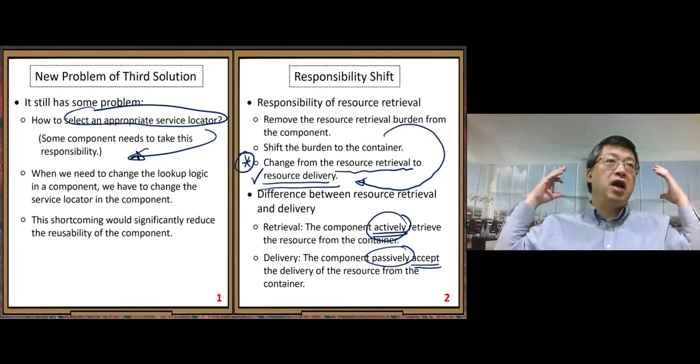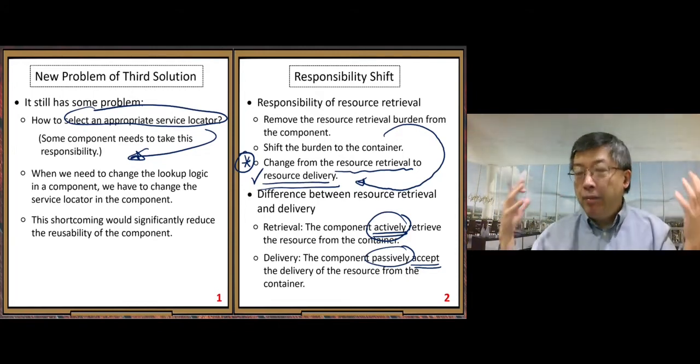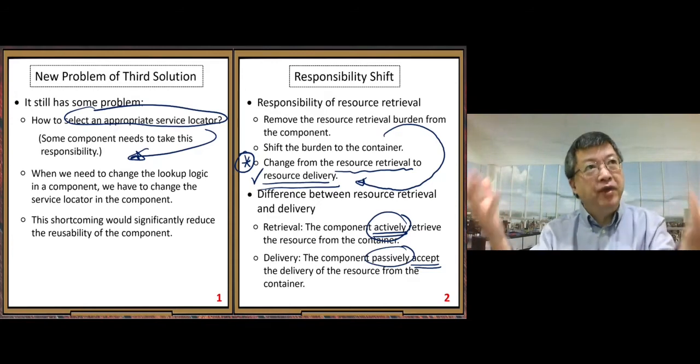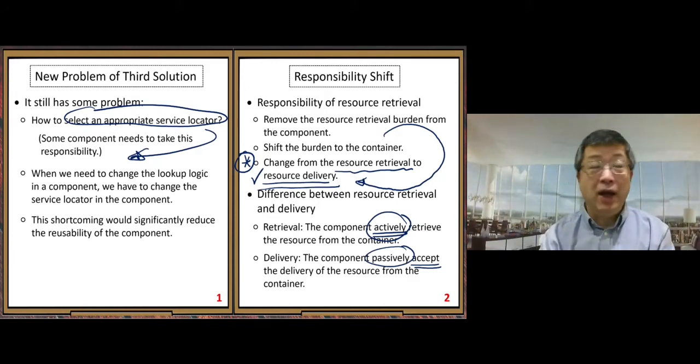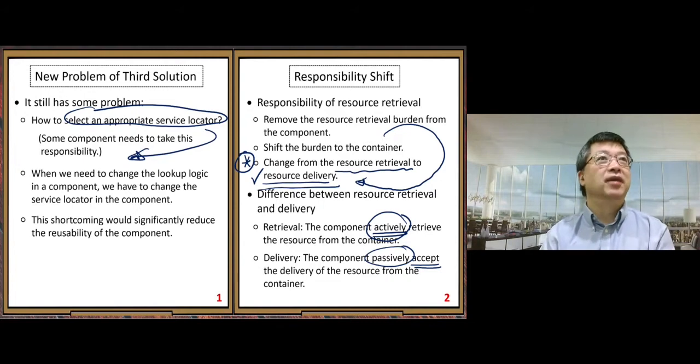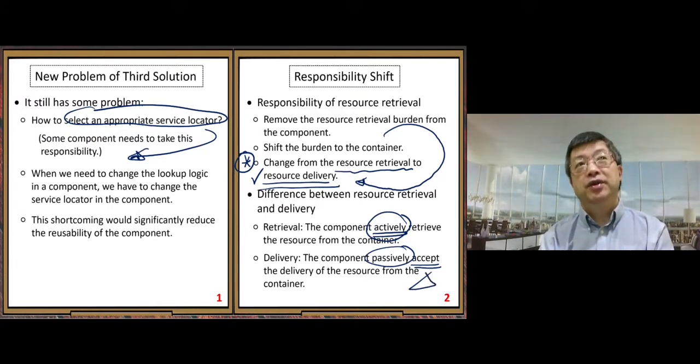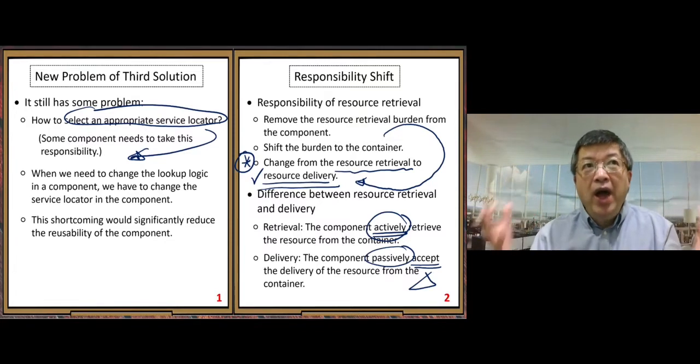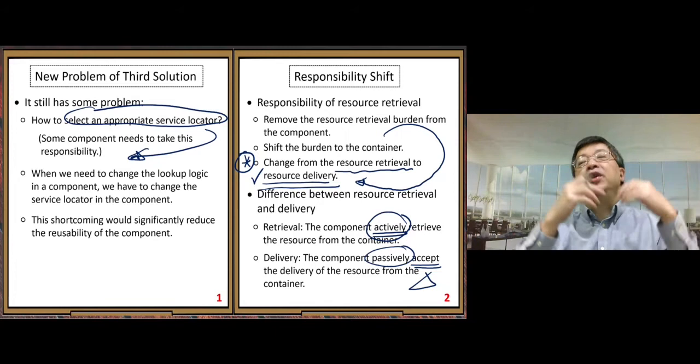You just sit at your home and passively accept the package. That's a big difference. So the delivery of the resource from the container, but you need to do something, right? You just passively accept, so you need to have some way to accept the resource.